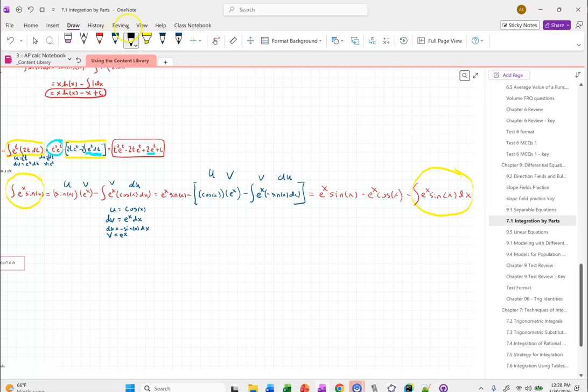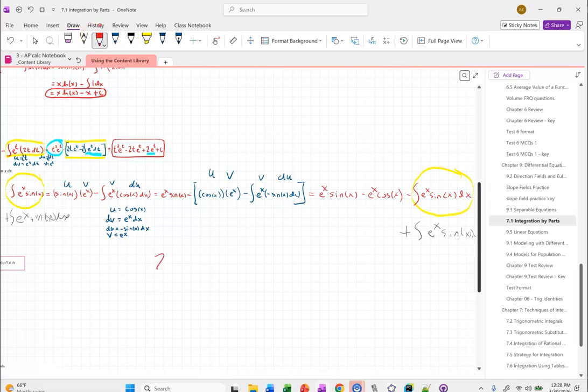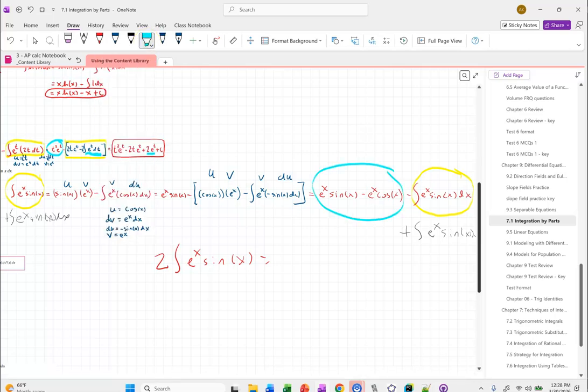This is all one equation, right? So I'm just going to add that to both sides of the equation. So I now have 2 e to the x sine x equals this stuff.